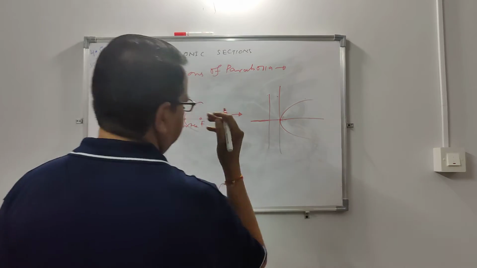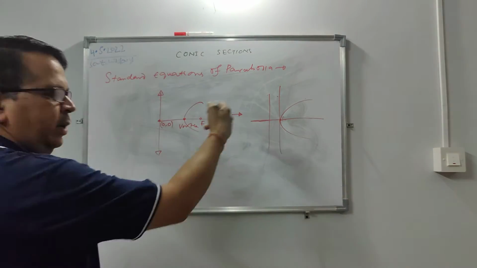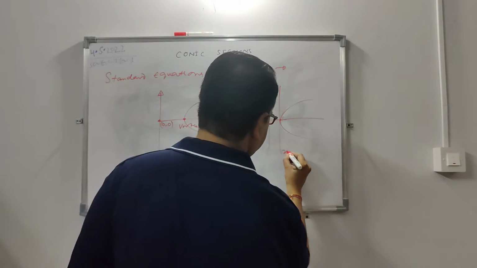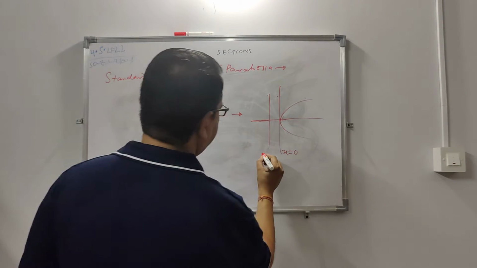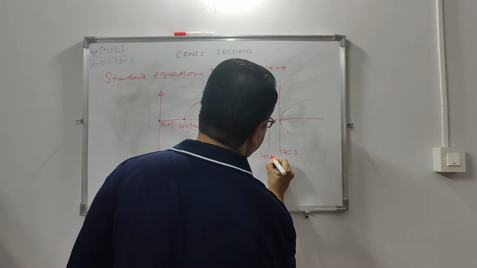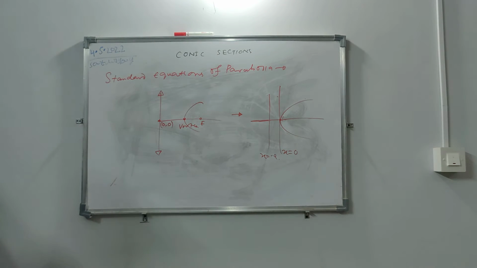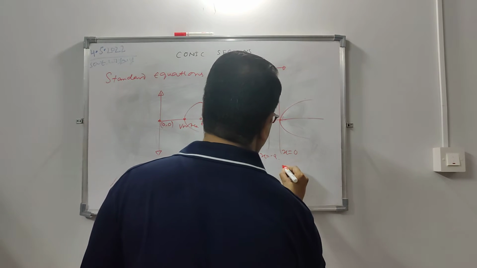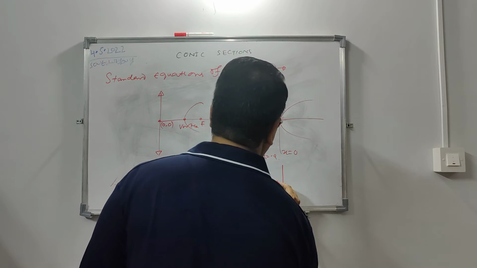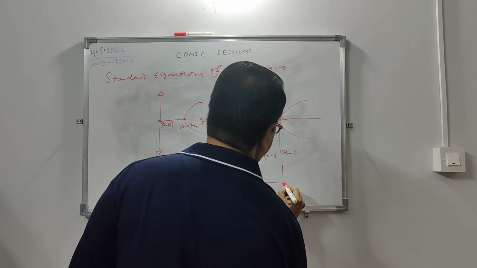The y-axis has equation x is equal to 0, because in y-axis the x coordinate is always 0. So here this directrix will have equation x is equal to minus a. And this is one condition, or it can be something like this, with the same origin.